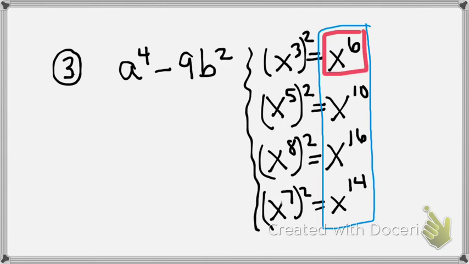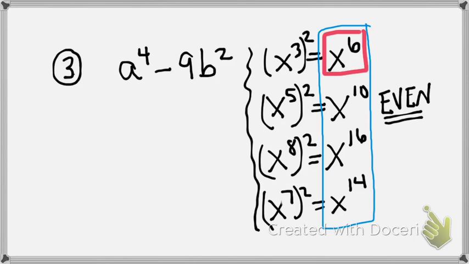Hopefully you recognize that they're all even. If you have an even exponent, then your variable is considered to be a perfect square. If to get a perfect square you have to multiply the exponent by 2, when you take the square root of it, then you're just going to divide the exponent by 2.